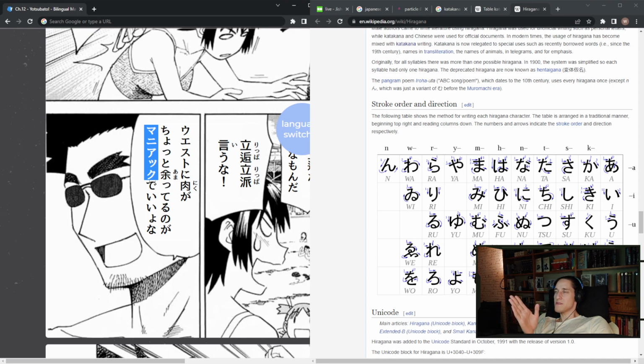So de is a particle of either doing something with the help of something, or it's a particle of placement. And iyona, this is just emphasis, both of these, so it's good.